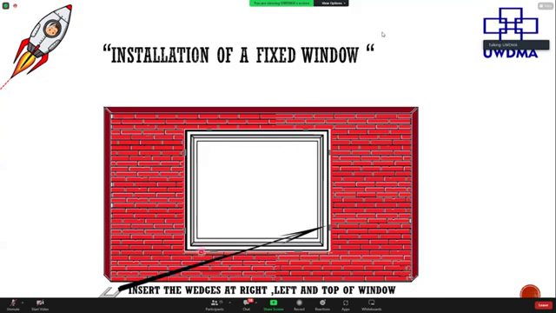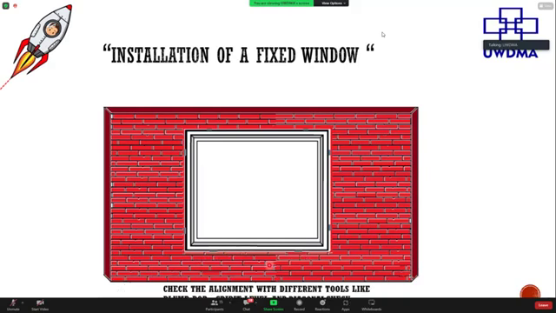Many people just insert the window first and then insert left side, top side and right side packers. They don't insert the bottom packers, and bottom packers are as important as your other packers. So there should be packers on all four sides so that you keep a distance between the wall and the frame on all four sides.